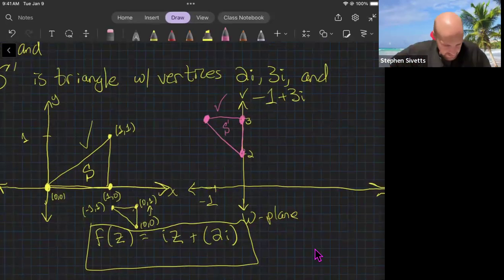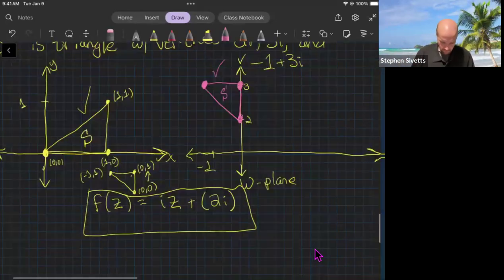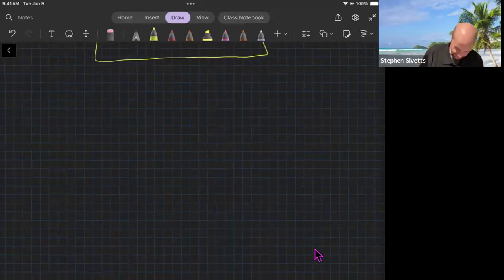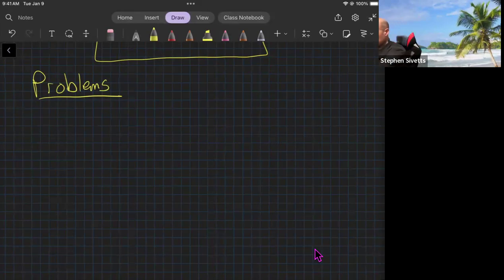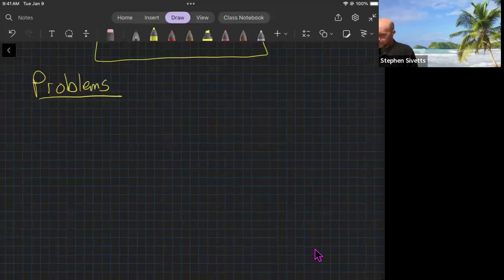Okay. So here are some problems for you to work with. I forgot to write out the page number.